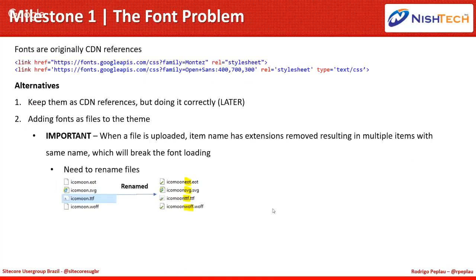In this example, for instance, as you can see, we have font files with the same name, iCommon, and a different extension: .ttf or .svg or the WOFF. When you upload that to SXA, the extensions will be removed, and then we will end up with 4 files with the same name, iCommon, because Sitecore removes the extension.